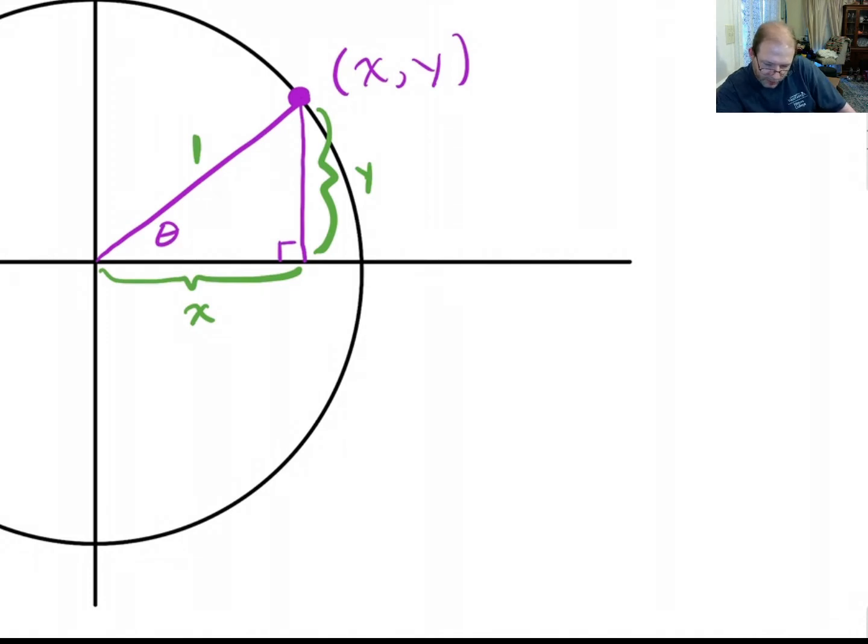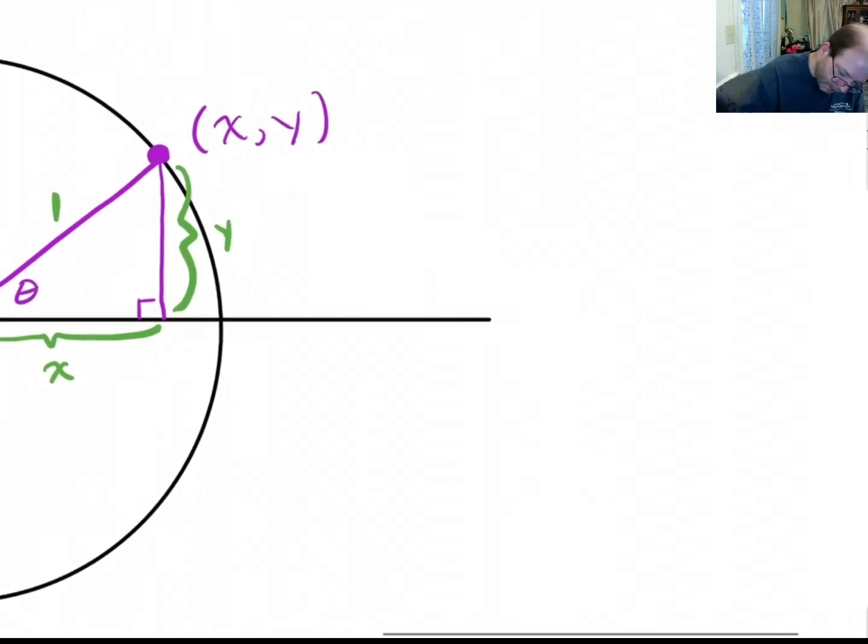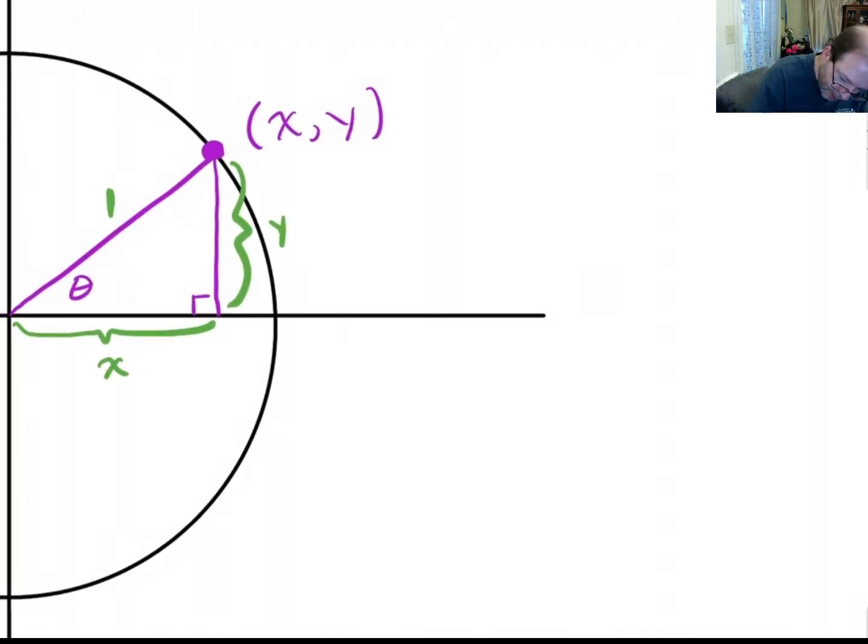Now the cool thing is, if you start looking at sine and cosine of theta, sine of theta is opposite over hypotenuse. Well, opposite is y and hypotenuse is 1. So sine theta is y.